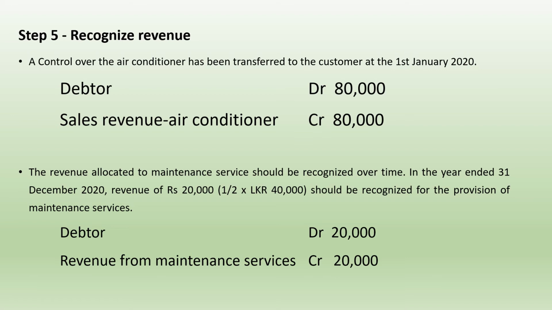And for the next year also, we are going to debit the debtor by 20,000 rupees and credit the revenue from the maintenance service by 20,000 rupees. However, if the debtor is going to pay in cash at the year end, we can debit the cash account and credit the debtor, and we can set off the debtor value.